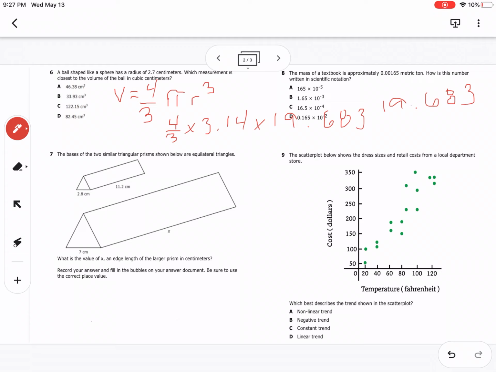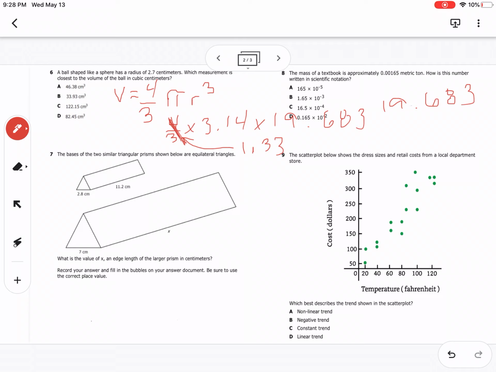If you don't know how to multiply 4/3, you could always do 4 divided by 3, which equals 1.3333 infinitely. So we could do 1.33 instead of this, times 3.14 times 19.683.